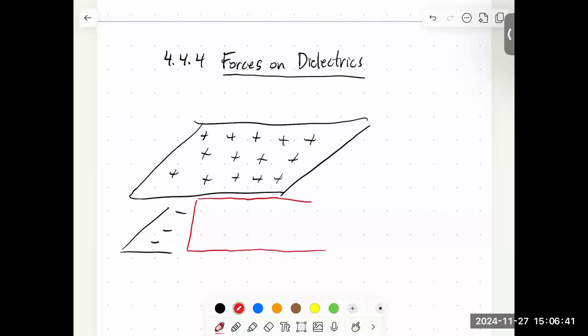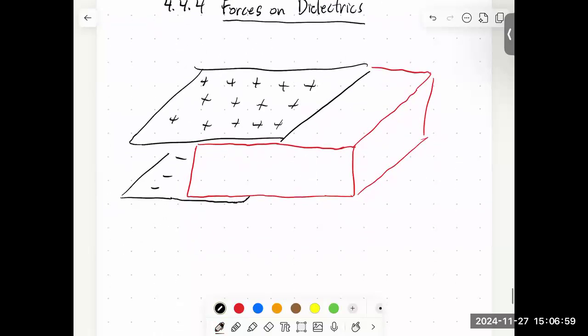Maybe the dielectric fits inside the plates, but it's been pulled out a little bit. And so here's my bottom plate, goes to here. So this is a dielectric partially inside a capacitor.